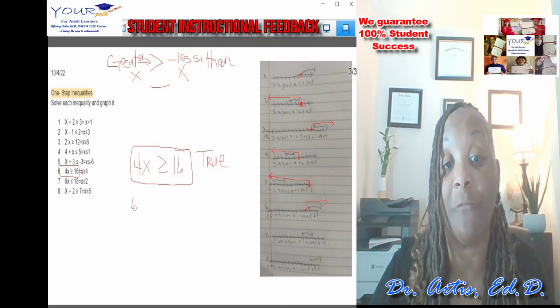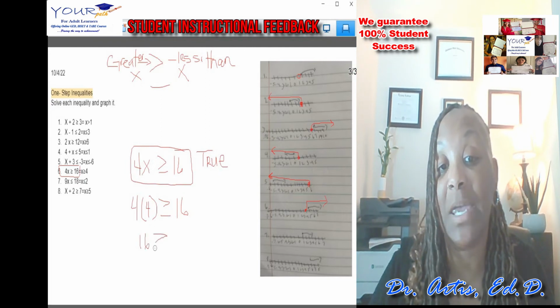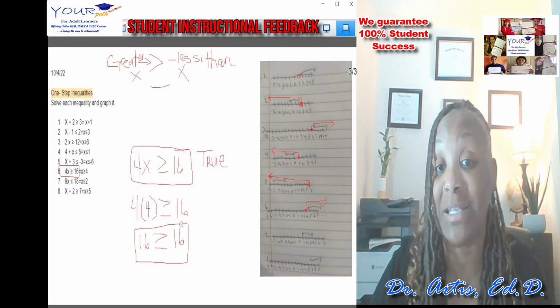For example, if 4 times 4, because x is now 4, is greater than or equal to 16. When we multiply 4 times 4, we get 16, greater than or equal to 16. So this equation is actually true. 16 equals 16, which makes this true.